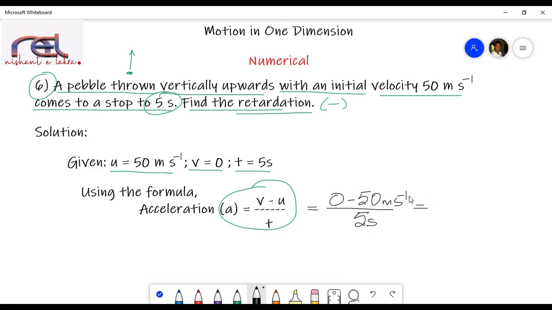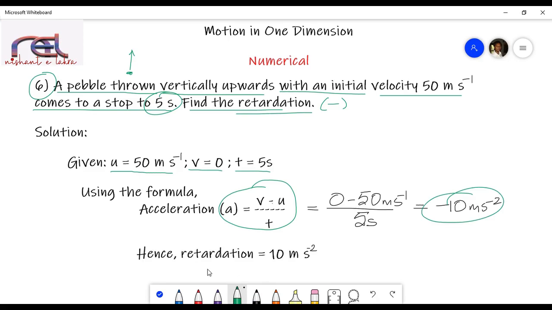So we get minus 50 divided by 5, right? And when you cancel it, you will get minus 10 meter per second squared. So when we see that minus sign, we understand that it is retardation. Hence retardation is equal to 10 meter per second square.